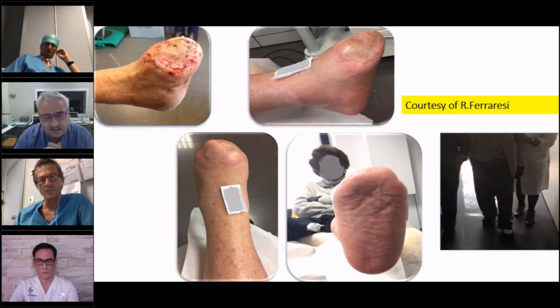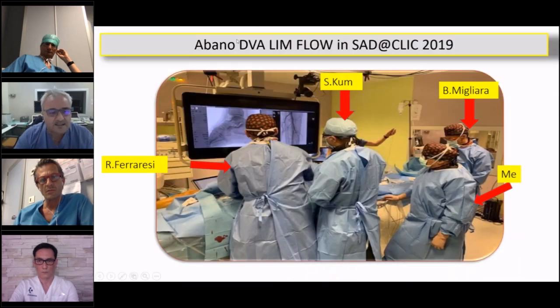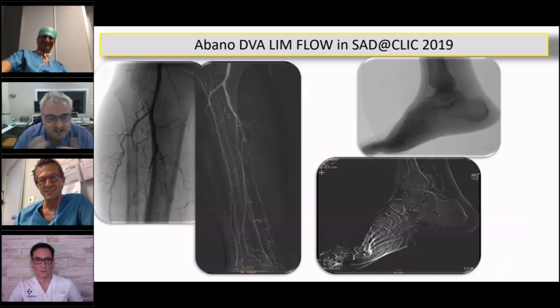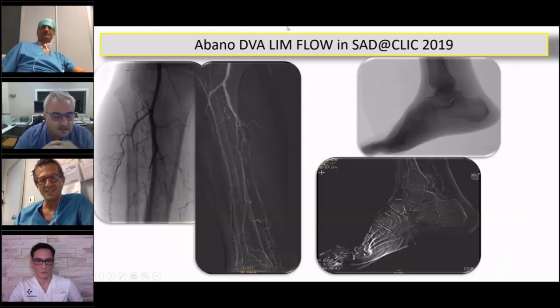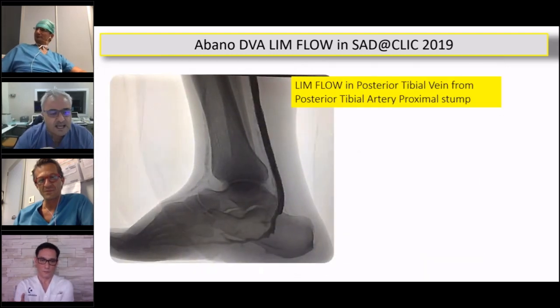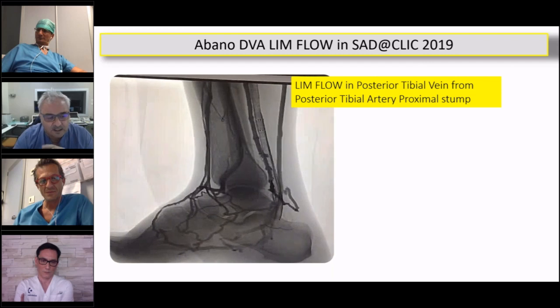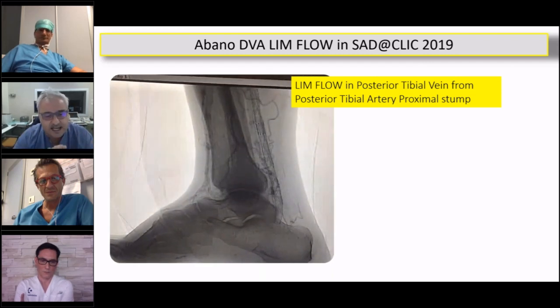Again, the last case. This is the case we performed all together, me, Bruno, Roberto, Steven, during the last LINC edition, a patient with more than 3 endovascular failures performed by me. We decided to select this patient for a LimFlow procedure. This was the acute result after the procedure in the cath lab.